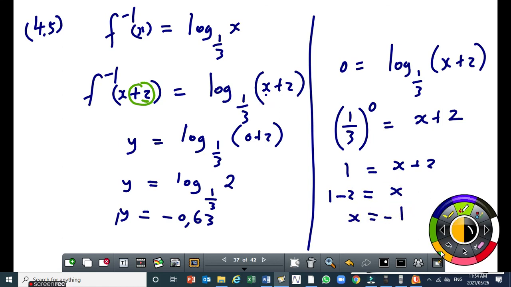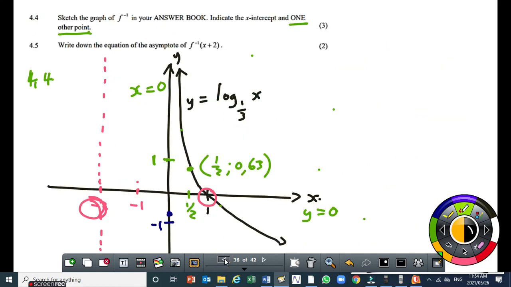Right? This is now the new x-intercept after the horizontal shift. Now, this x-intercept is so important for this question because it tells us that the asymptote is going to be to the left of it. I'm going to repeat that, but I'll show you on the graph. This is the x-intercept.